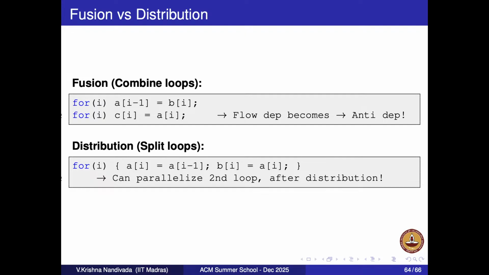See, when I distribute, it's okay if there is a forward dependence. If there is no backward dependencies, it's okay.